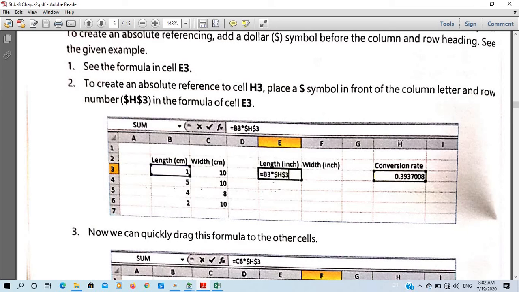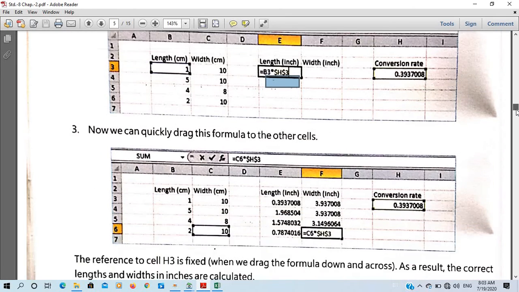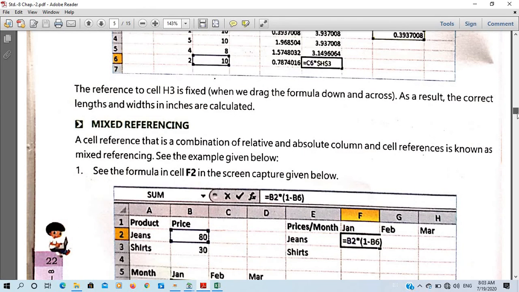H3 is the conversion rate given here. So when you copy this formula into another cell, it will not automatically get updated. This is how we write absolute cell referencing.